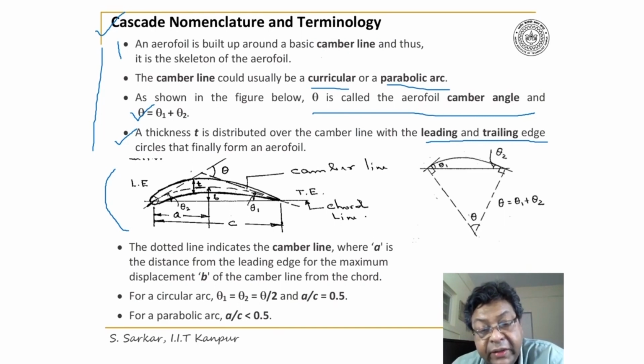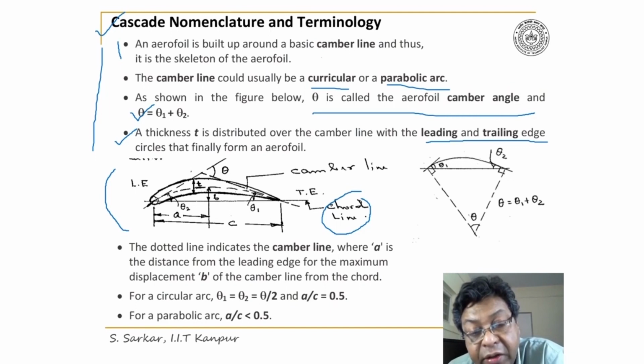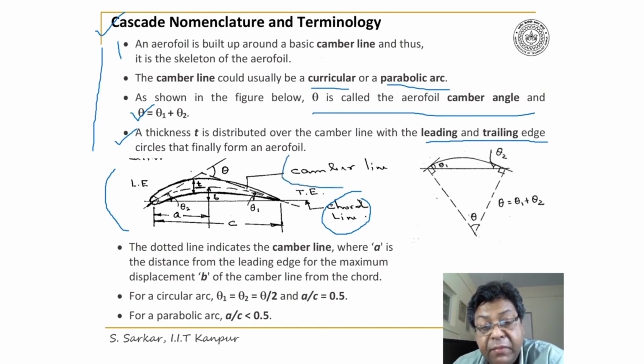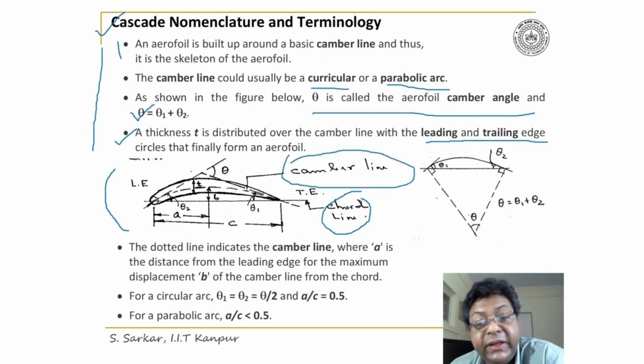To initiate the work, I have first taken a line which is called the chord line. Chord line is the baseline on which the aerofoil will be created. After the chord line, I have taken the camber line, which could be a circular or a parabolic arc, and the dotted line here is the camber line. Now you can appreciate theta 1 and theta 2 at the leading and trailing edge.